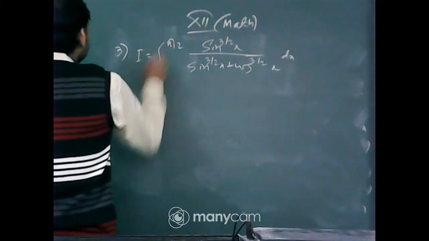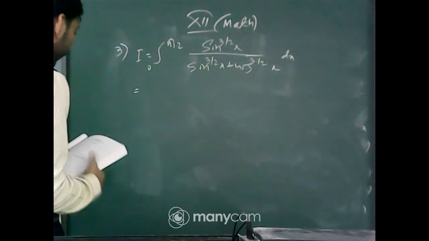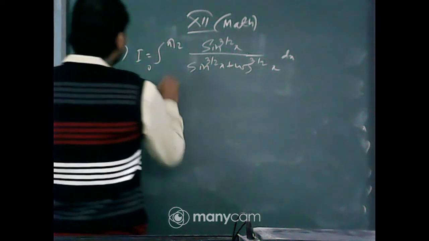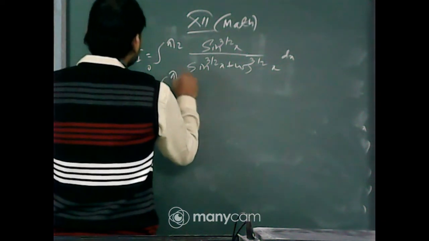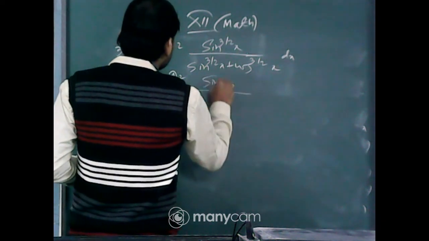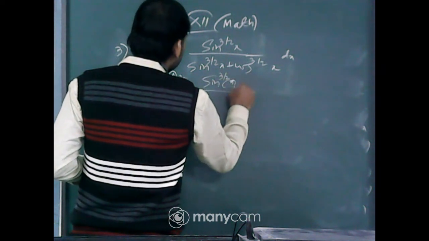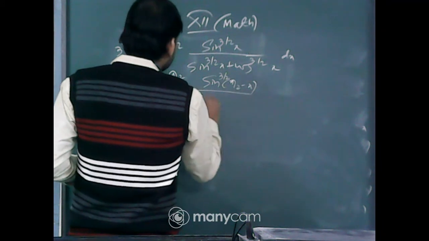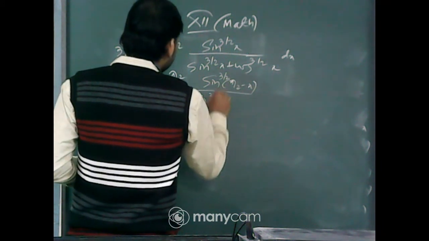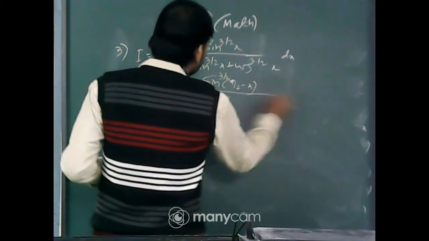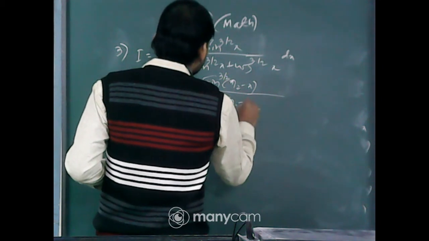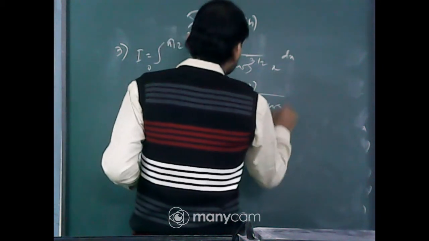Again use the property P4. So it will be 0 to pi by 2, sin to the power 3 by 2 (pi by 2 minus x). Similarly, in the denominator, instead of x, it will be pi by 2 minus x.